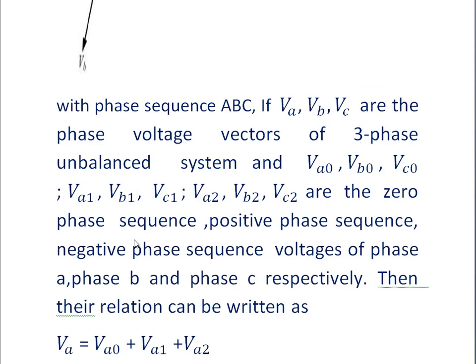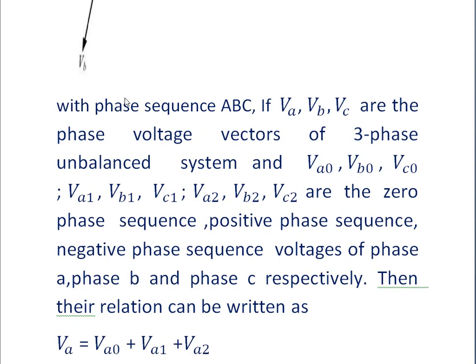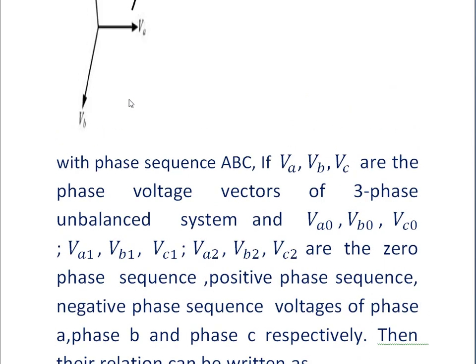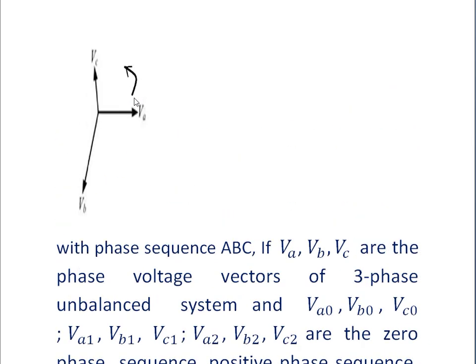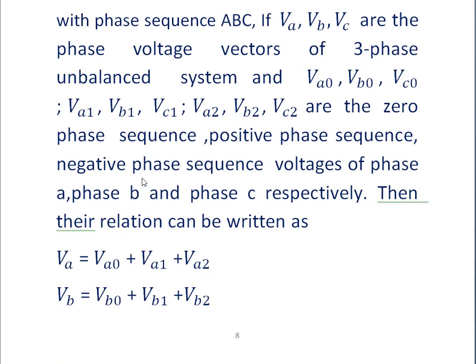So then when this is the case, means this is the unbalanced system, then how to represent these unbalanced vectors in terms of symmetrical components? Suppose you want to represent phase A voltage in terms of symmetrical components, then we write VA is equal to VA0 plus VA1 plus VA2.